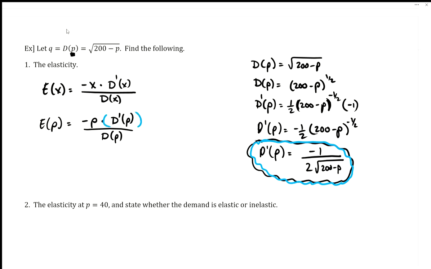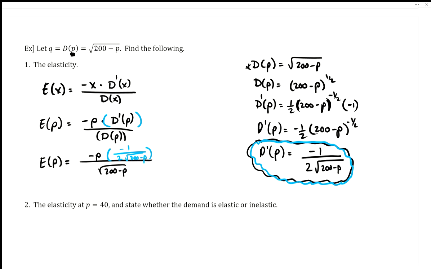Okay, so now let's plug all that in. So we have E of p is equal to the big fraction, negative p, and then times, let's keep it in blue, negative 1 over 2 square root of 200 minus p, and then all divided by d of p. We also already had that. That's just the function they gave us from the start. There it is, square root of 200 minus p.